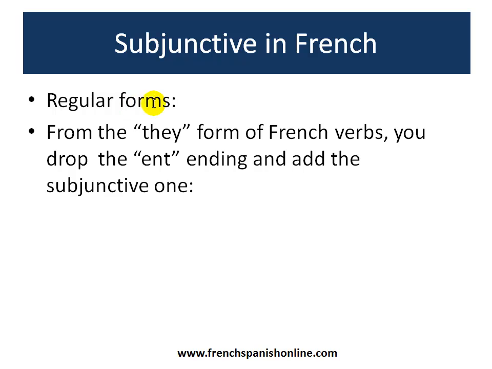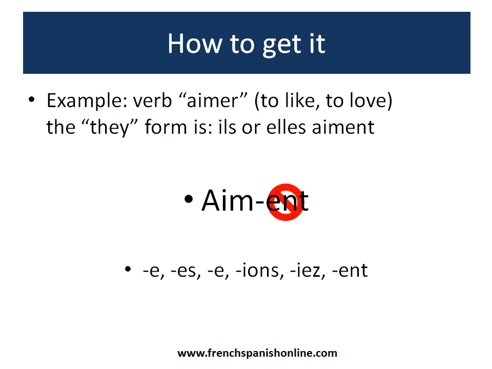First, regular forms. From the they form of the present tense of the indicative mood of French verbs, you drop the ending, ent, and add the subjunctive one. Let's take an example with the verb to like or to love in French, aimer. The they form is ils or elles aiment.